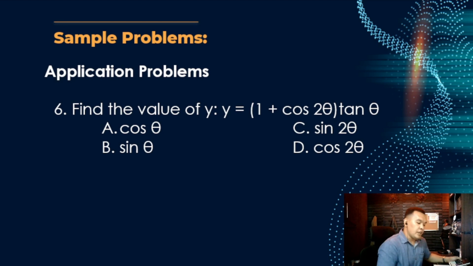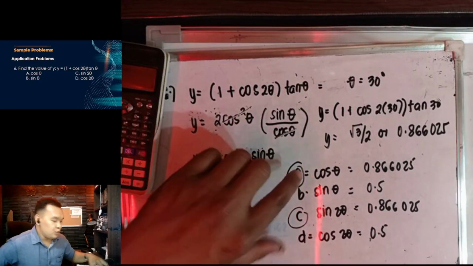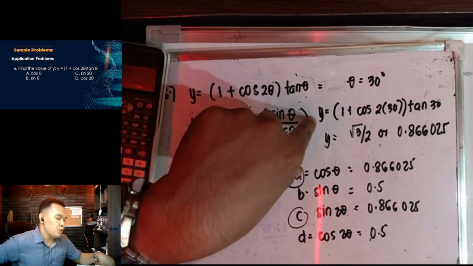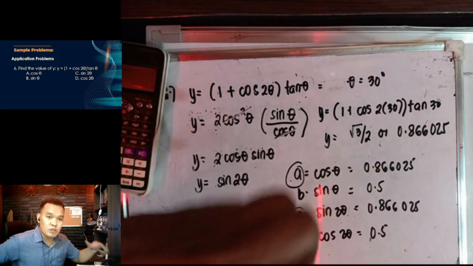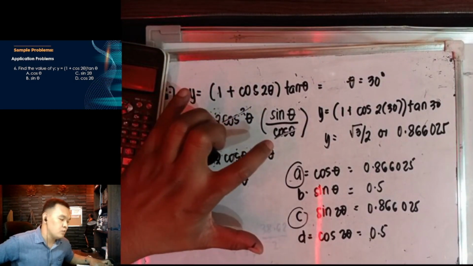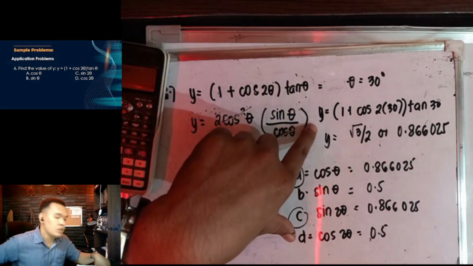Mapagpipilian mo na lang is si A and si C, no? Kumbaga, naglagay ka ng value ng theta is equivalent kay 30, no? So, lagay mo siya dito. Kung hindi mo kabisado yung identities, kung hindi mo alam kung paano i-solve siya, lagay mo lang ng values yung theta. Then, lagay mo din dun sa equation mo.